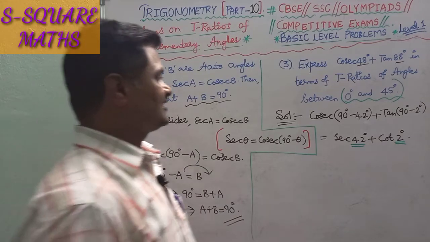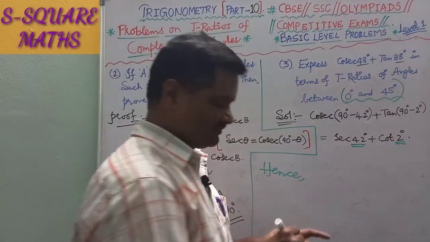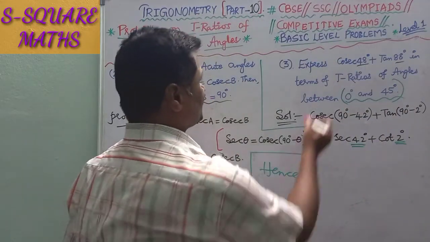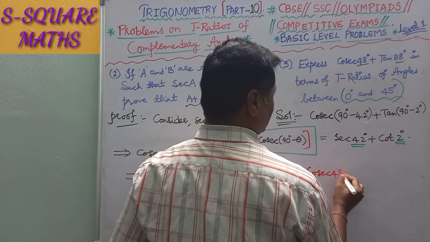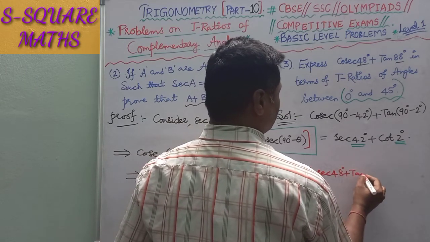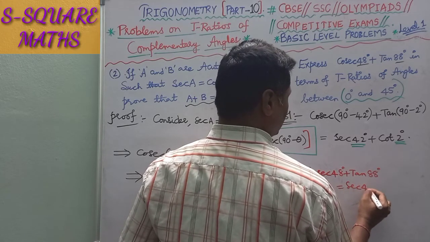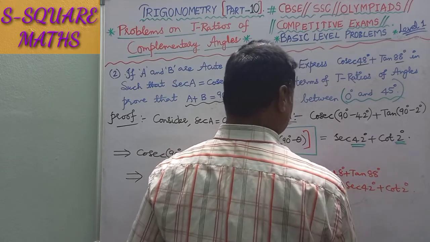So hence, I can write the conclusion now. Whatever the data given here, cosec 48 degrees plus tan 88 degrees, I have expressed as sec 42 degrees plus cot 2 degrees.